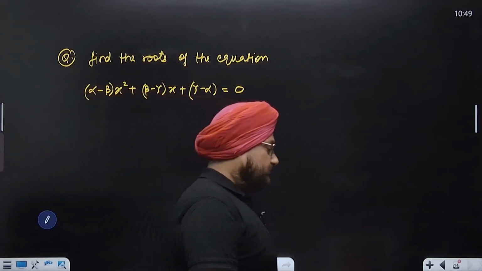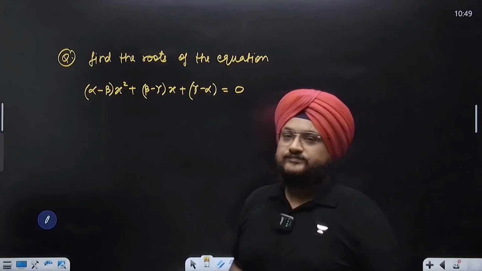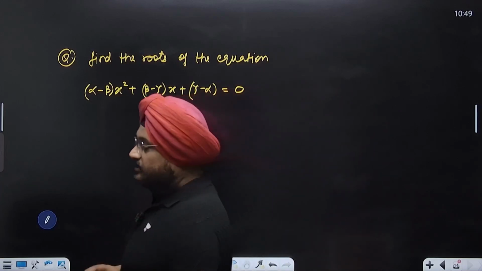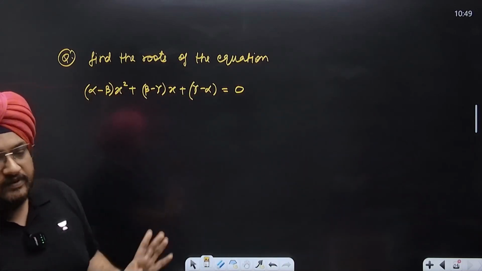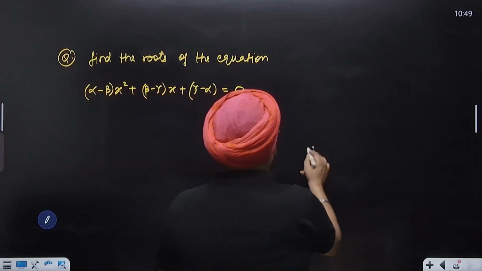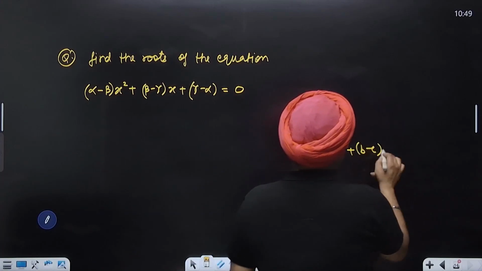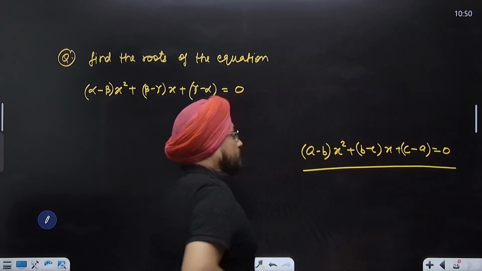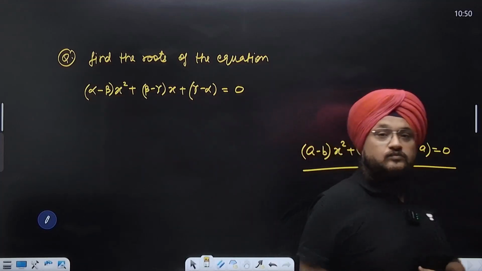This is the problem. Obviously we are not going to solve that equation that way. So what we will do is solve this problem by observing the equation, and this observation you must remember, for this type of equation. What does it say? That the sum of all the coefficients is 0.